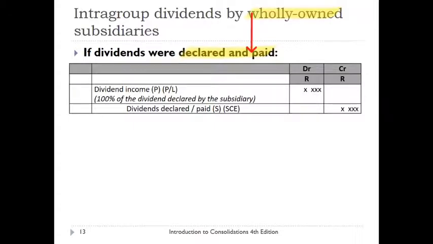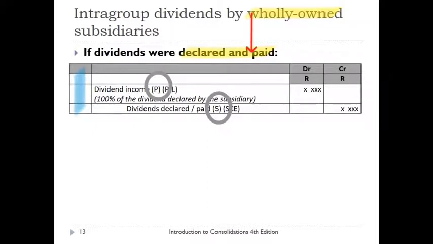As I've said, the parent did recognize dividend income and the subsidiary did recognize a dividend declared. So the consolidation journal entry that would eliminate that effect is again a debit to dividend income of the parent and a credit to dividends declared or paid by the subsidiary. Again, I am adjusting combined totals.